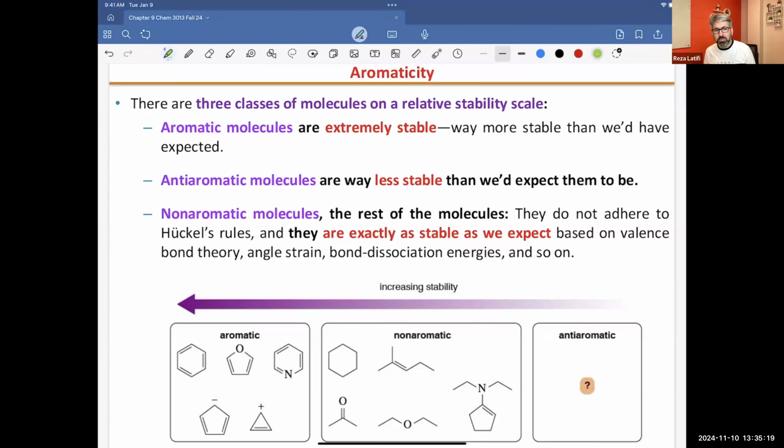Aromatic compounds are much more stable than we expect them to be. For non-aromatic compounds, when we calculate the stabilization, it happens to be exactly as we expect. So nothing is surprising when it comes to non-aromatic compounds. Aromatic, more stable than we expect.